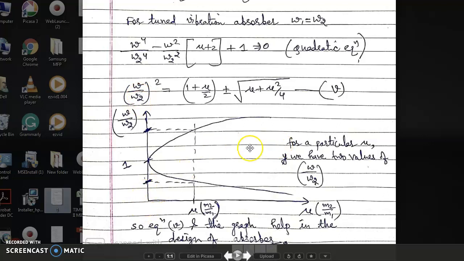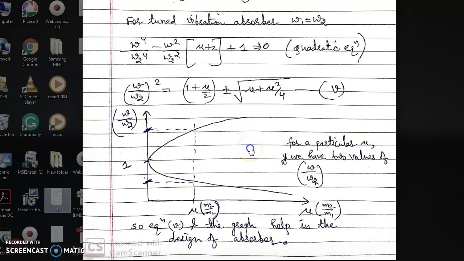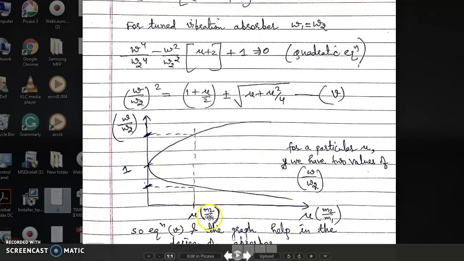It is very much useful in design of the absorber. Suppose mu is m2 upon m1. So m1 you know, m2 according to your condition you can take, because m2 is the mass of the vibration absorber. And omega upon omega 2 you can choose, root k2 upon m2.